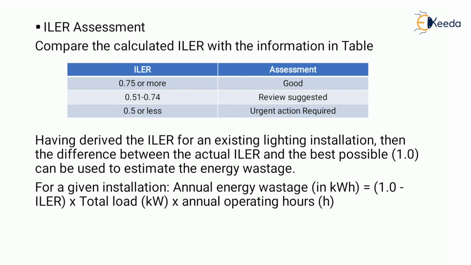So for a given installation, the annual energy wastage in kWh can be given as (1.0 minus ILER) into total load in kW into annual operating hours.